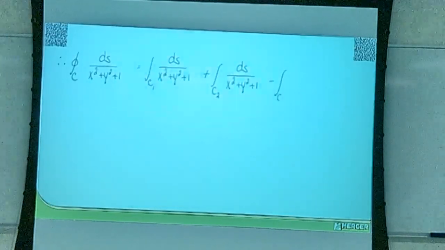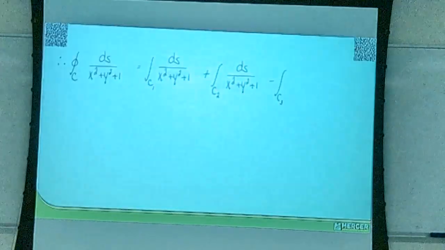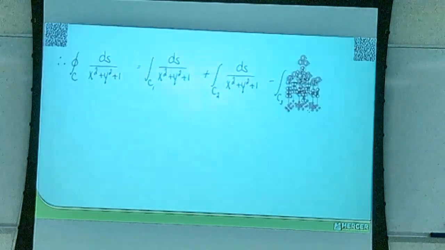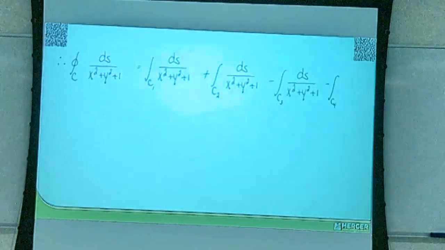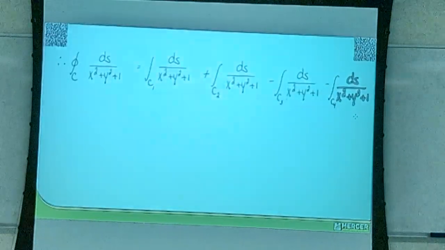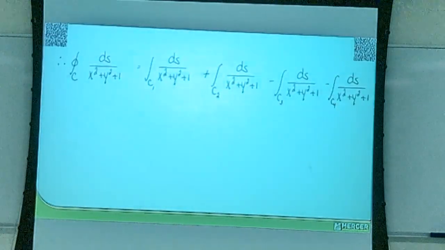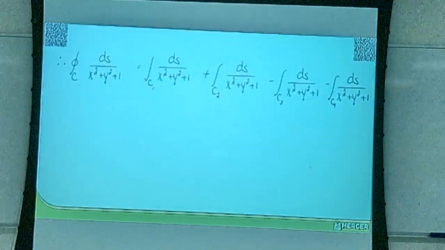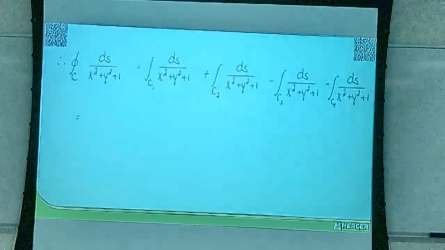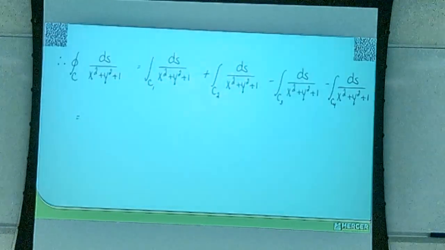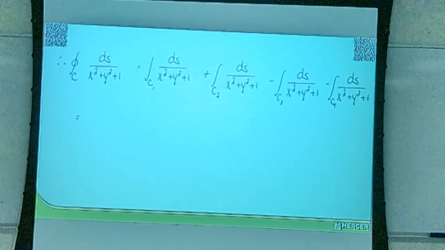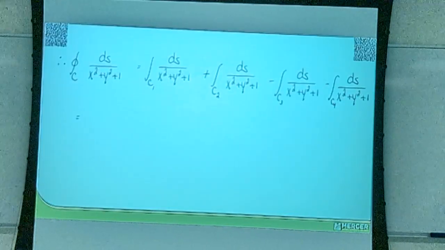Now, minus C3, because I'm going the opposite direction. Then minus the integral along C4 again, because we're going the opposite direction. So, wait, is this going to work?